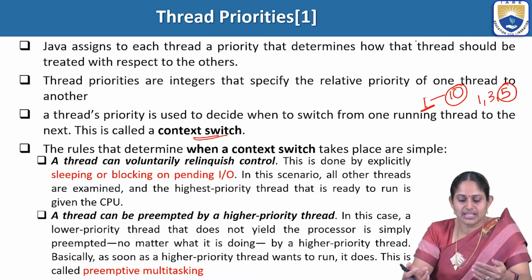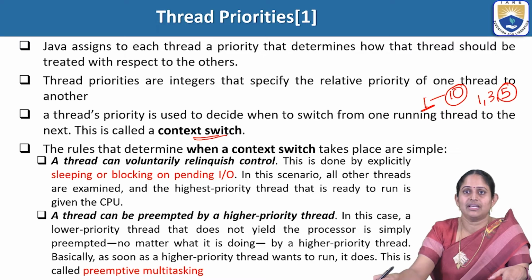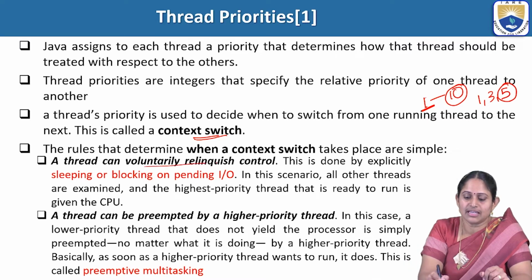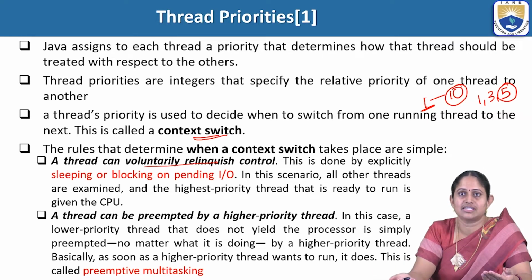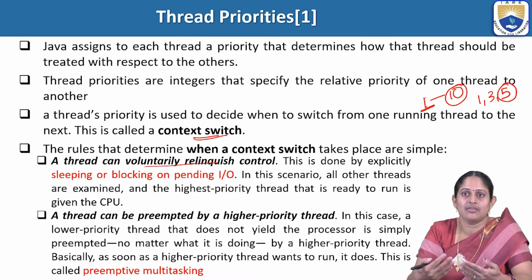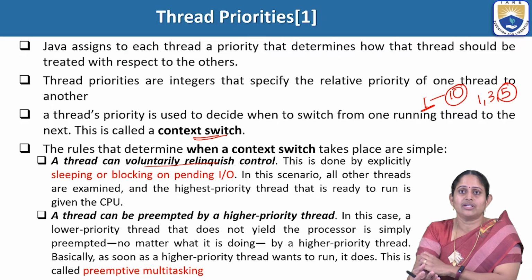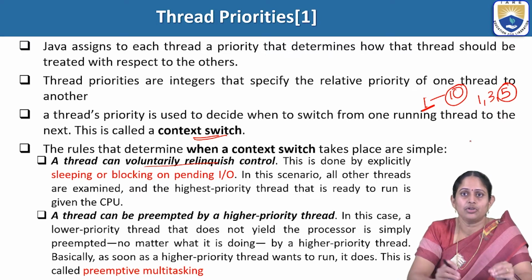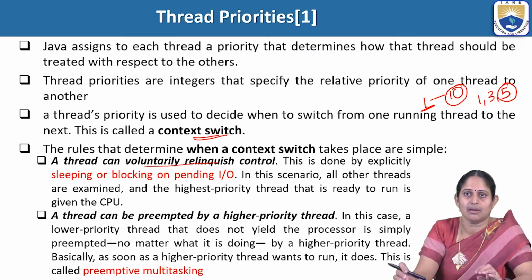There are different ways by which threads may give up their control. A thread may voluntarily relinquish its control when it goes into sleep mode for any IO operation. If any IO operation is going to happen, then that thread may be put to sleep until that IO operation completes.